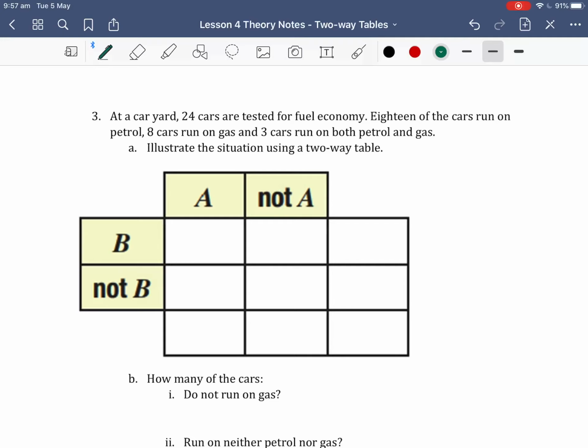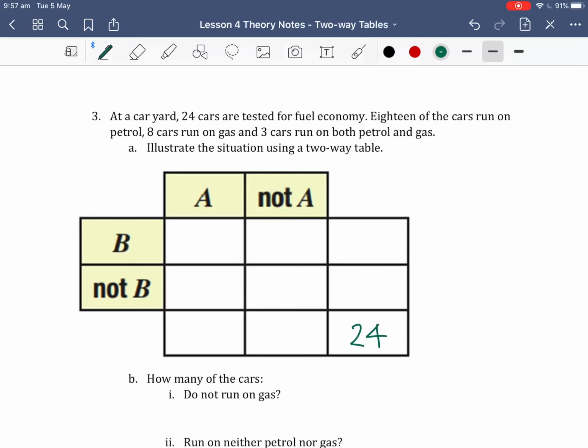So what we need to do to start off with is put this information into our two-way table. We have 24 cars tested in total, so our total here is going to be 24. We're going to leave the 18, so 18 of the cars run on petrol.